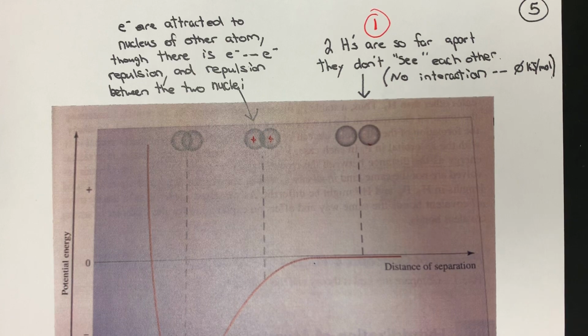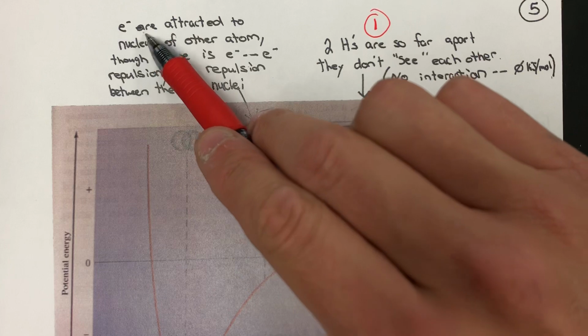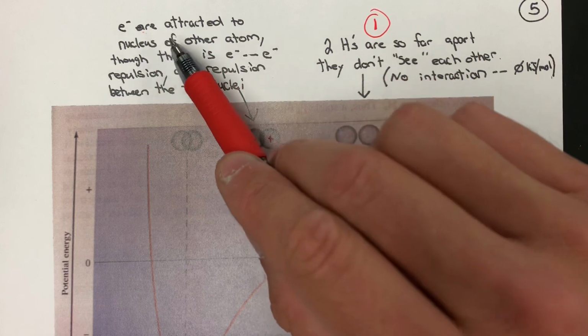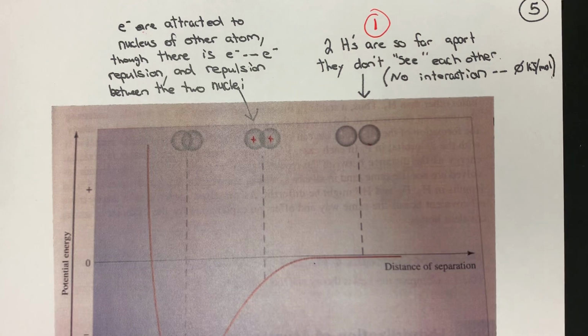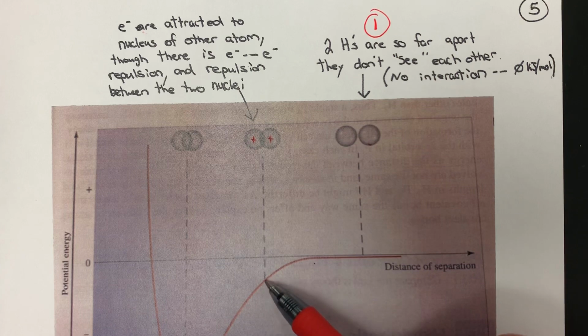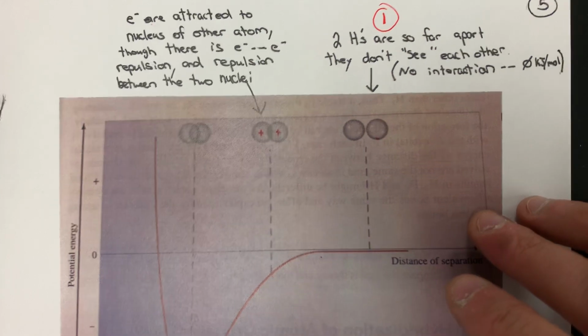We find that the attraction of electrons from one atom to the protons in the other atom's nucleus is starting to overcome that repulsive force. And we actually find that there is a decrease in potential energy, an increase in magnitude, but overall decreasing.